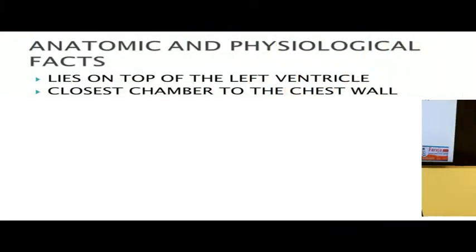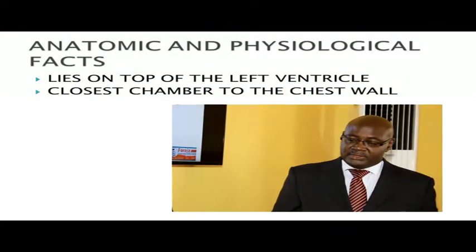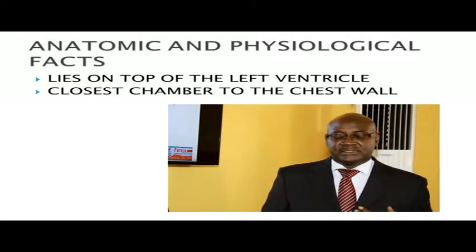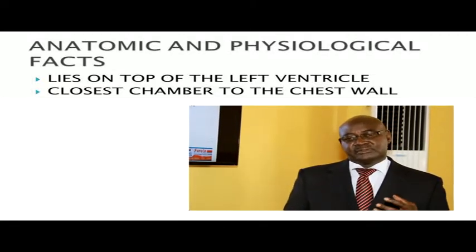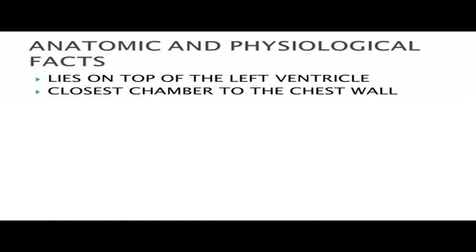Regarding the anatomy of the right side of the heart, the right ventricle is the closest chamber to the chest wall when we are scanning the heart, and it lies on top of the left ventricle. Its main function is to pump blood from the right side of the heart to the lungs.